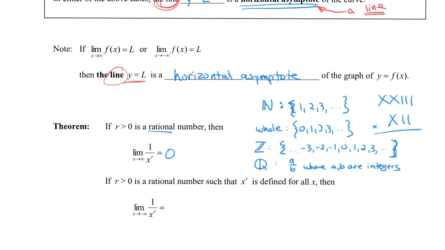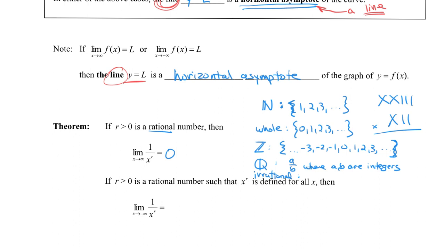Now, when it comes to the next spot, we stop here. There's the rational, and then there's the irrational. But they're different. The irrational don't have their own little symbol. But the irrational basically are the numbers that cannot be written like this. You can't write an irrational number as A over B, where A and B are integers.